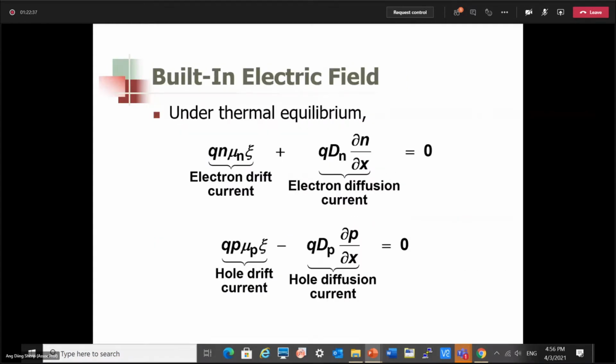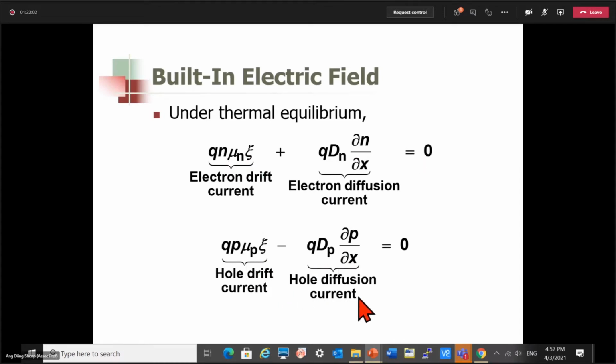So mathematically, I can now write down an equation based on what I have just discussed. Under thermal equilibrium, the drift current for electrons arising from the built-in field has to cancel out the diffusion current due to the electrons, making the total equal to zero.